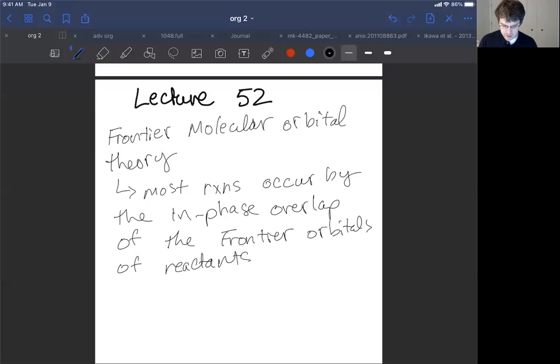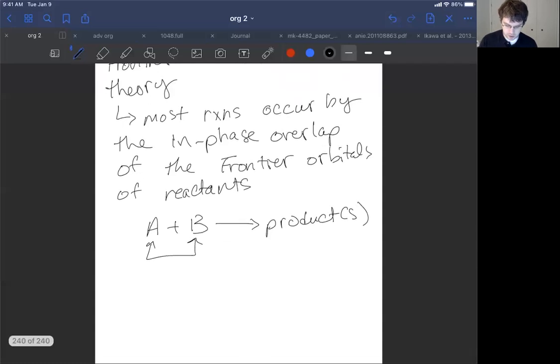So what this is saying is that if we have A plus B goes on to our product or products, the frontier molecular orbitals of A and B are the ones that are interacting. And it's these interactions that encourage the formation of our products.